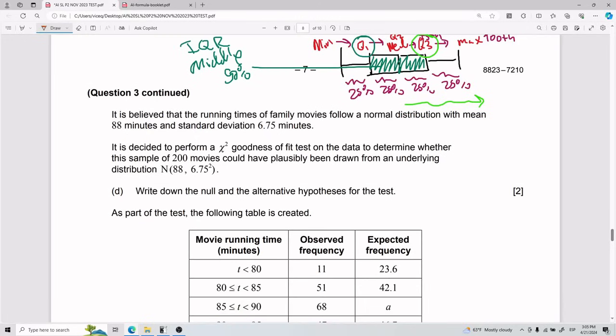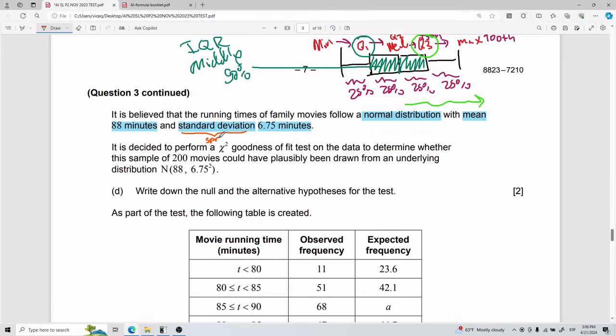So here we have that it is believed that the running times of family movies follow a normal distribution with mean 88 minutes and a standard deviation of 6.75 minutes. Now, before we keep going, standard deviation, I need you to associate it to spread.